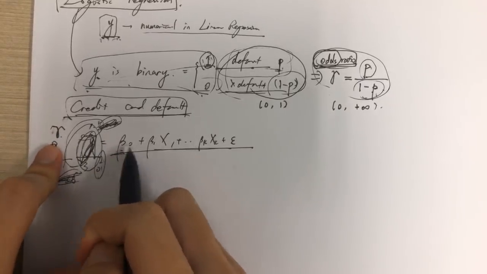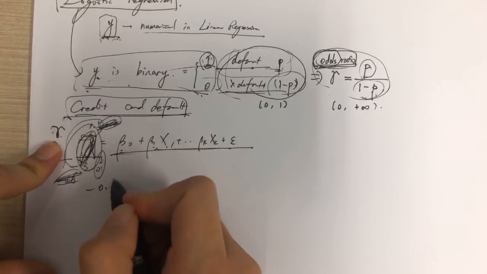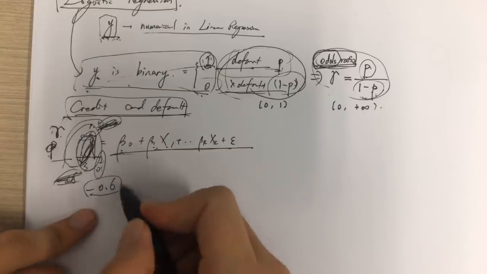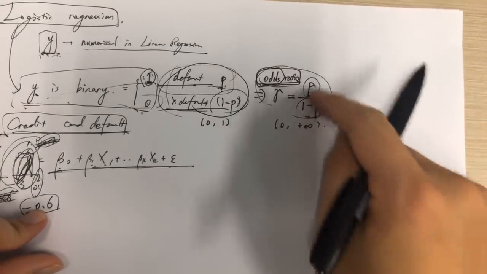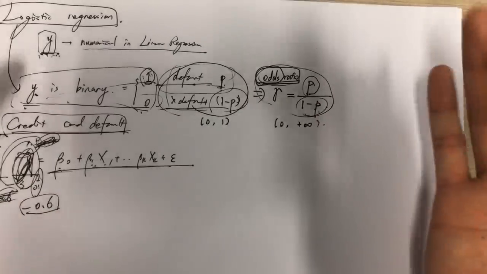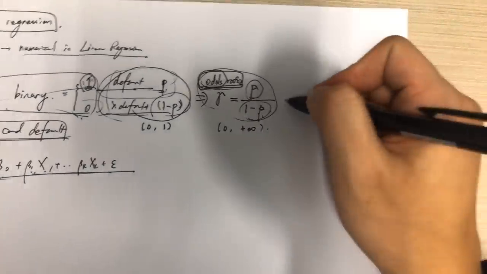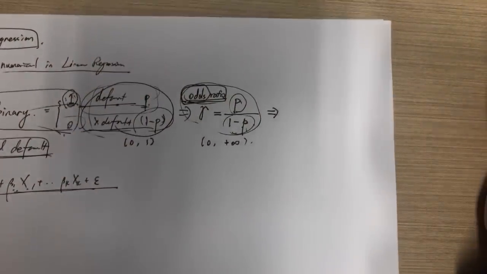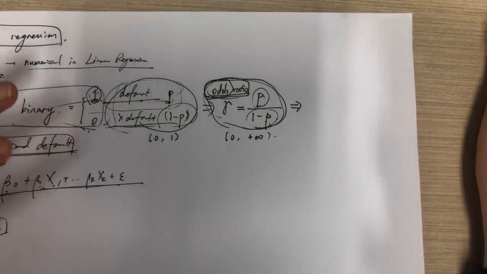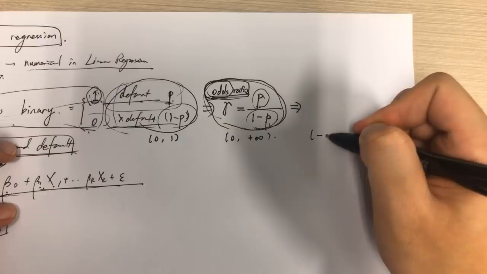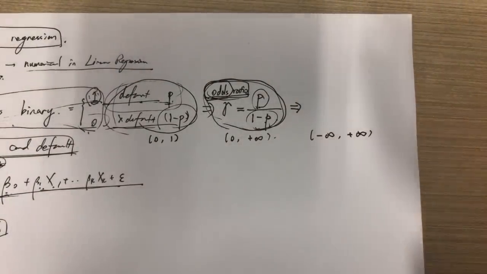If we regress this R here, we can still predict something that is negative 0.6, right? If we have a negative 0.6, then how do we calculate the probability? So we still can't directly use the odds ratio, right? Okay, fine. Let's take one final step further. We're going to do some transformation on the odds ratio so that we can make the range minus infinity to positive infinity.